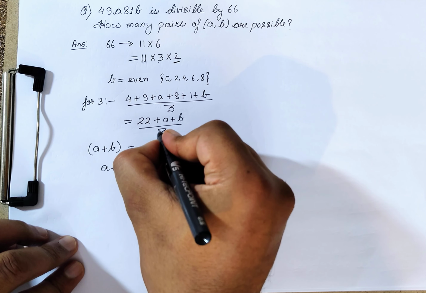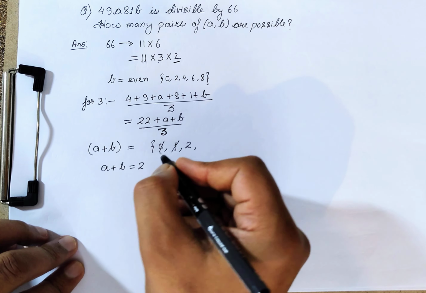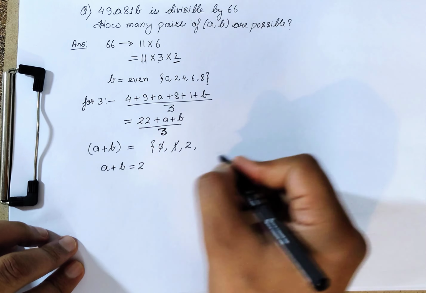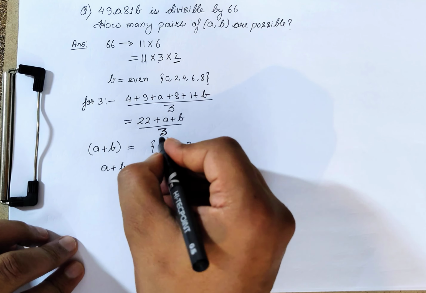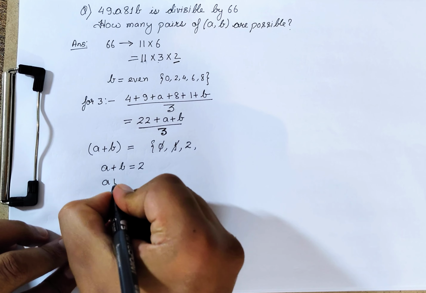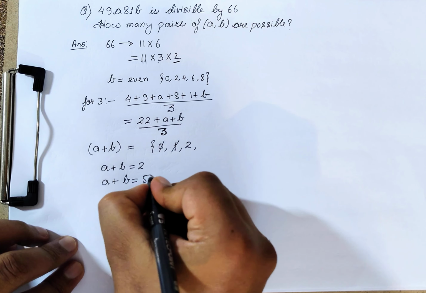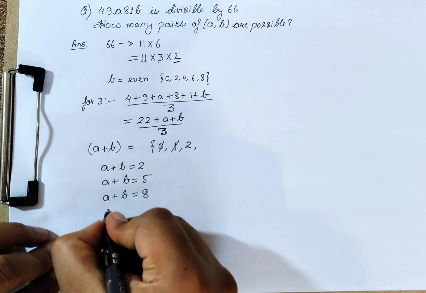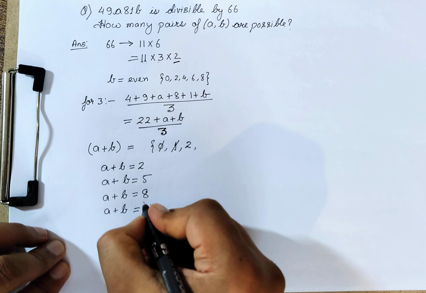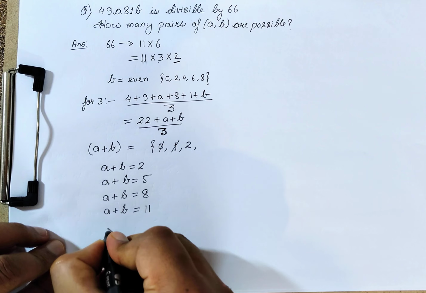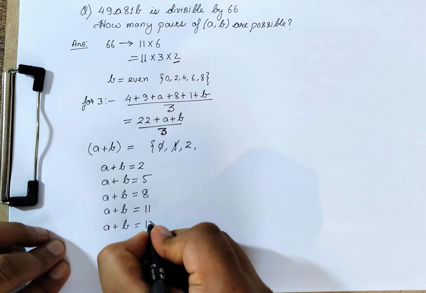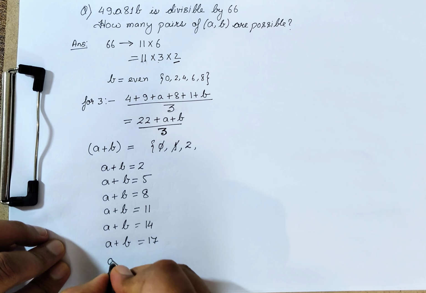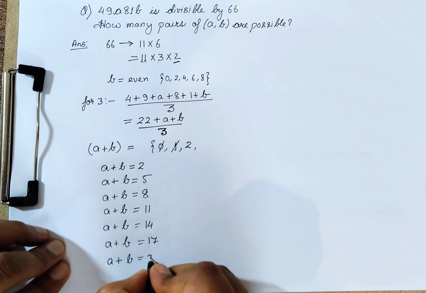Now since we are dividing the number by 3, we know that every successive third number from 2 will be divisible by 3. So we can say now A plus B equals 5, A plus B equals 8, A plus B equals 11, A plus B equals 14, A plus B equals 17, A plus B equals 20.